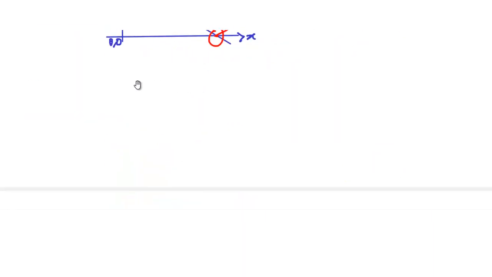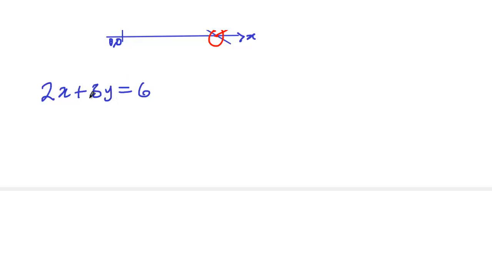Now, looking at this question, there is a question that I would want us to solve. This question says, find the x-intercept and y-intercept of 2x plus 3y is equal to 6. So what we are doing now is determining the x and y-intercept.